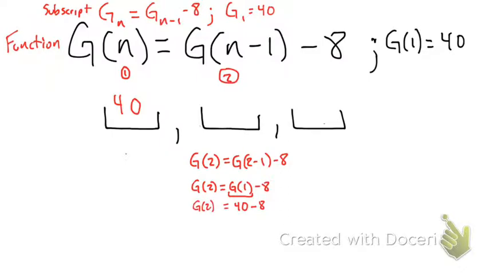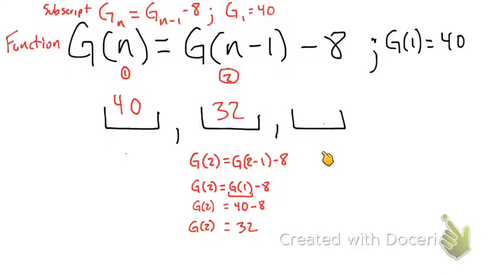Okay, and then we now can do the math simply. First term minus 8, that is 32. So that means the second term in my G sequence, or my G function, is 32.